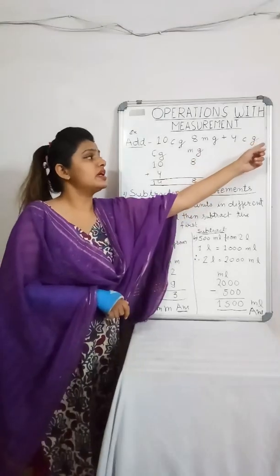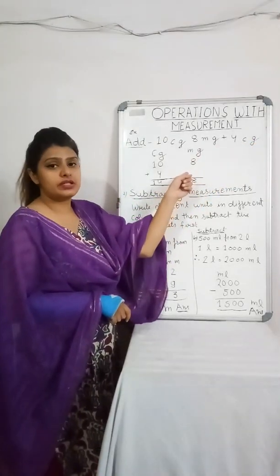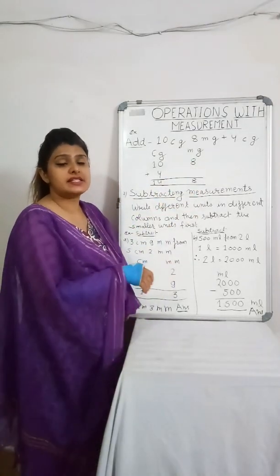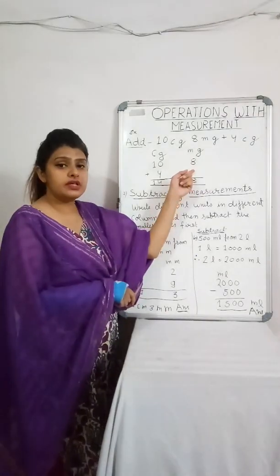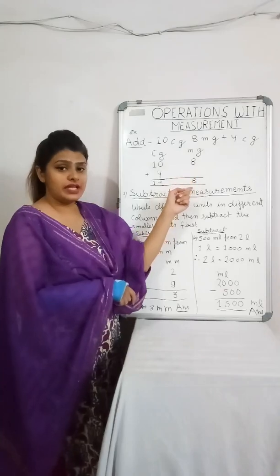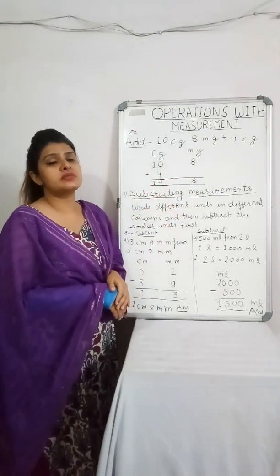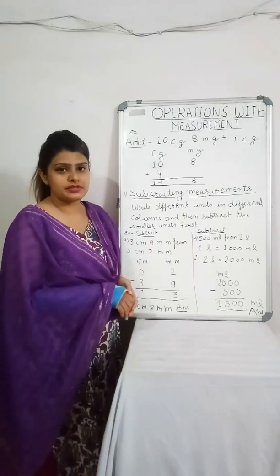But you cannot see a milligram in the second number, so you will not write anything here, or you can put a 0 here. Now we will start adding from the right hand side to the left hand side, that is smaller unit first and then the greater unit. Here 8 with nothing is 8 and 10 plus 4 is 14. So our answer becomes 14 centigrams and 8 milligrams.